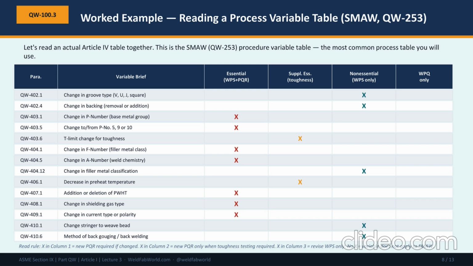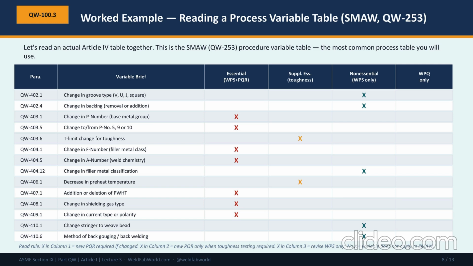If QW408.1 shows an X in the SMAW table, it does apply because SMAW does have shielding considerations through flux composition. But if I were looking at this row in a different context, say for a process that truly has no shielding component, it would be blank, meaning irrelevant.